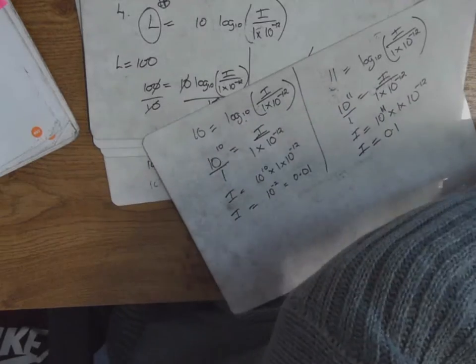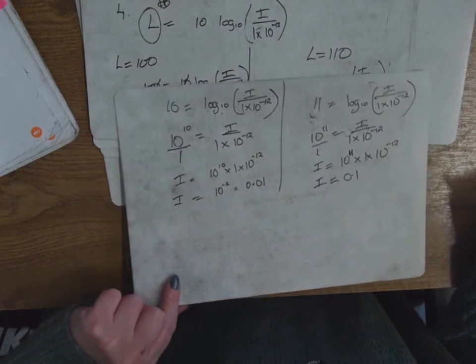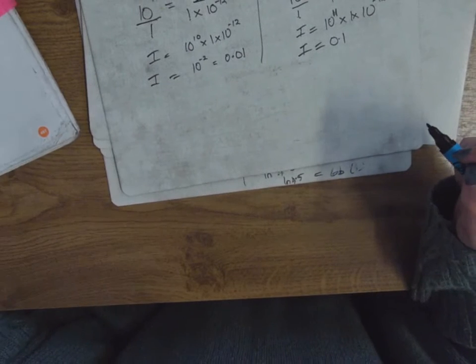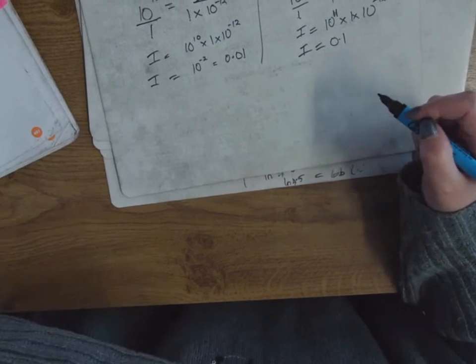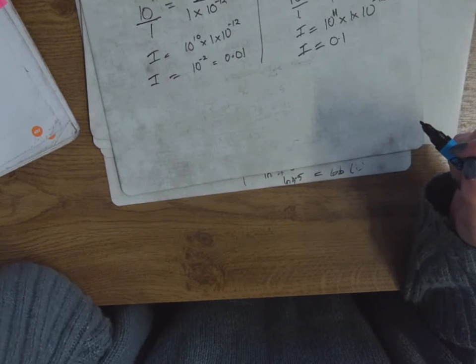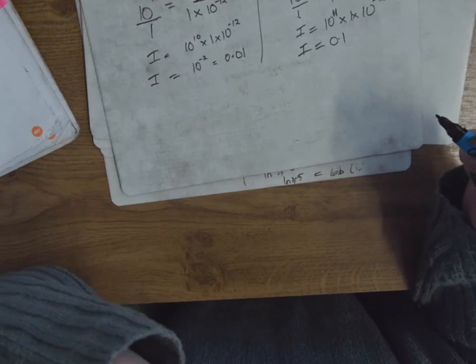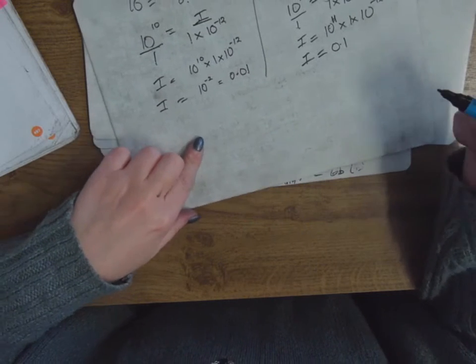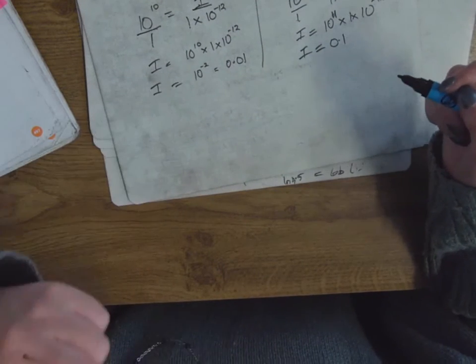Time-wise, how am I going? Will I do question 5 now? And I'll leave you a few more to do with the weekend. You might have noticed on Teams I put up an Algebra 3 revision sheet. You're going to work on that over the weekend. The Algebra 3 revision sheet has one question from every section.